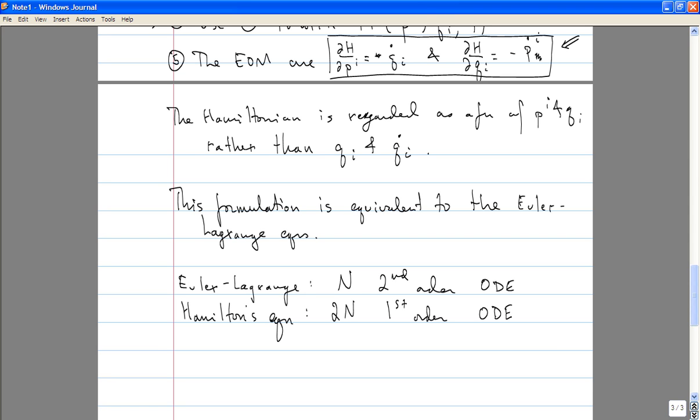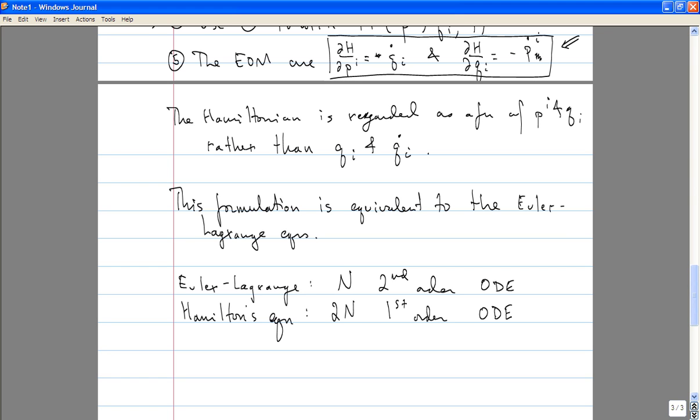Is that familiar to you from your differential equations class? All you do is, let's say you have a differential equation for y as a function of x. You have y double prime, y prime, and x. And then you could think of y prime as a different variable, call it p, and then you would have two equations, one that says y prime equals p, and another equation in terms of p, p prime, and x.